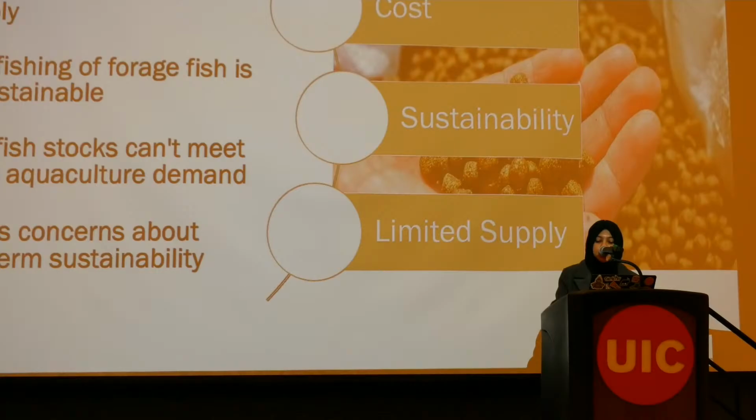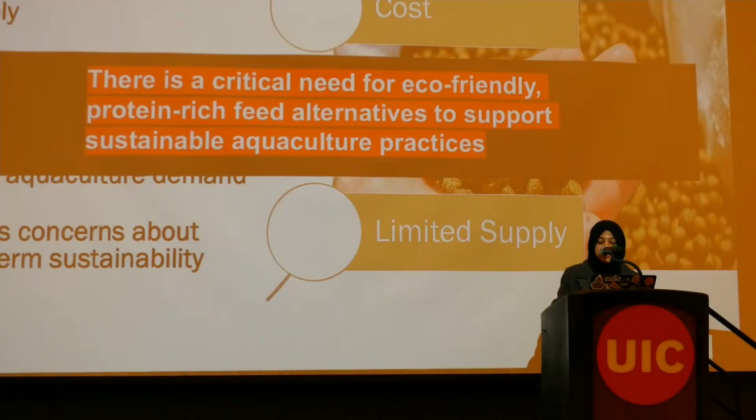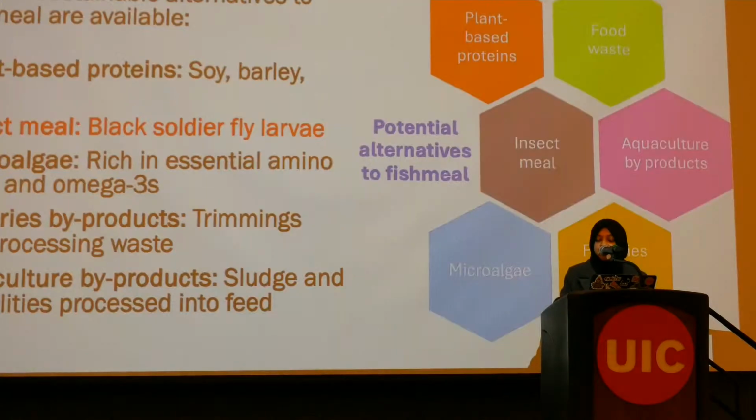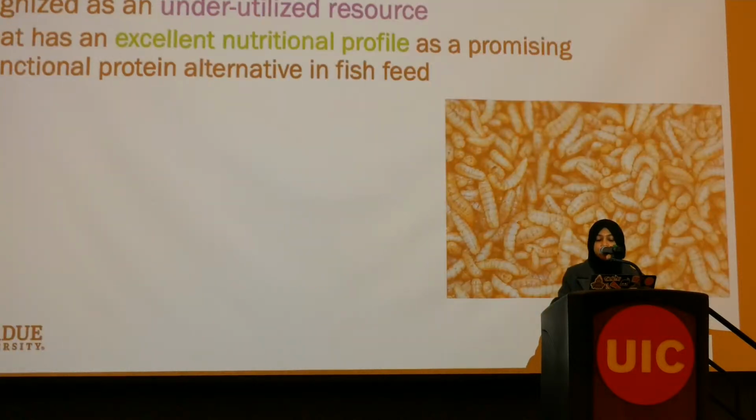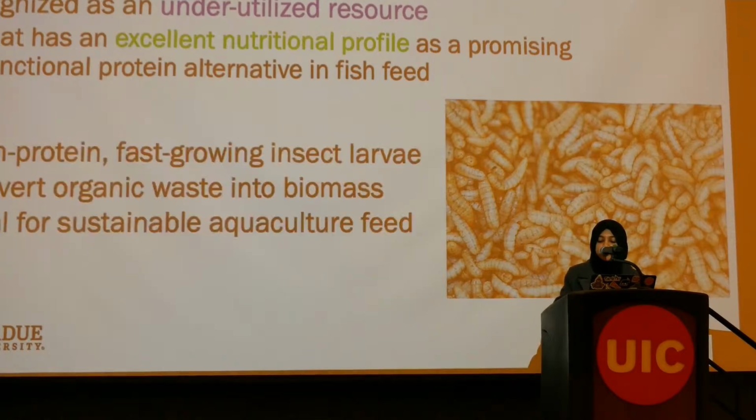So we need an option that can be reared on organic waste. These insects convert organic waste into nutrient-rich biomass. They grow quickly as a protein source for aquaculture feed, both environmentally and economically.